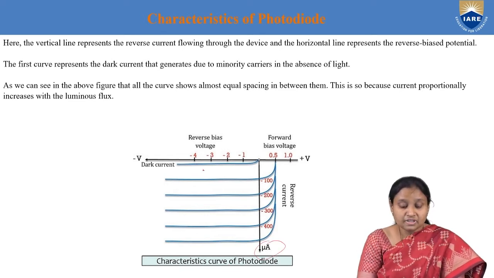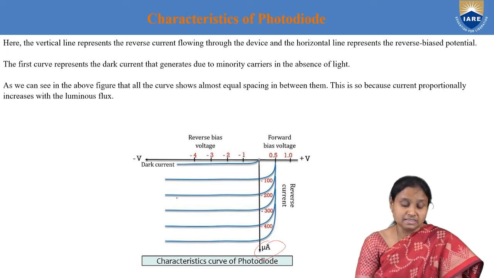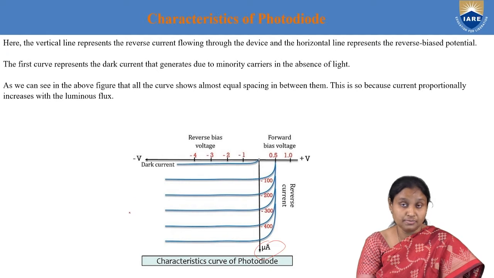Now we are talking about current before its breakdown voltage. We know that when we go for large reverse bias voltage, breakdown of the junction takes place. So I have not gone to that high reverse bias voltage where breakdown takes place.